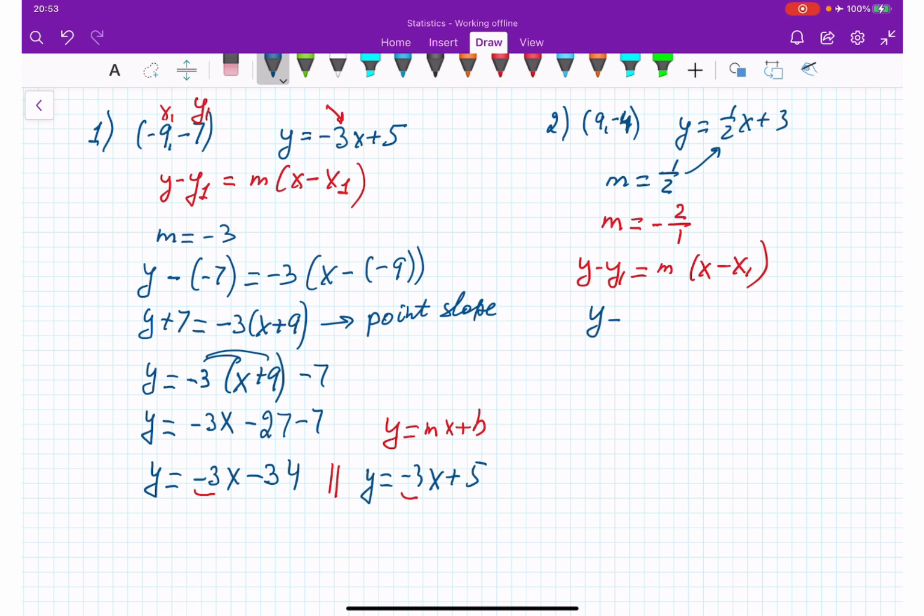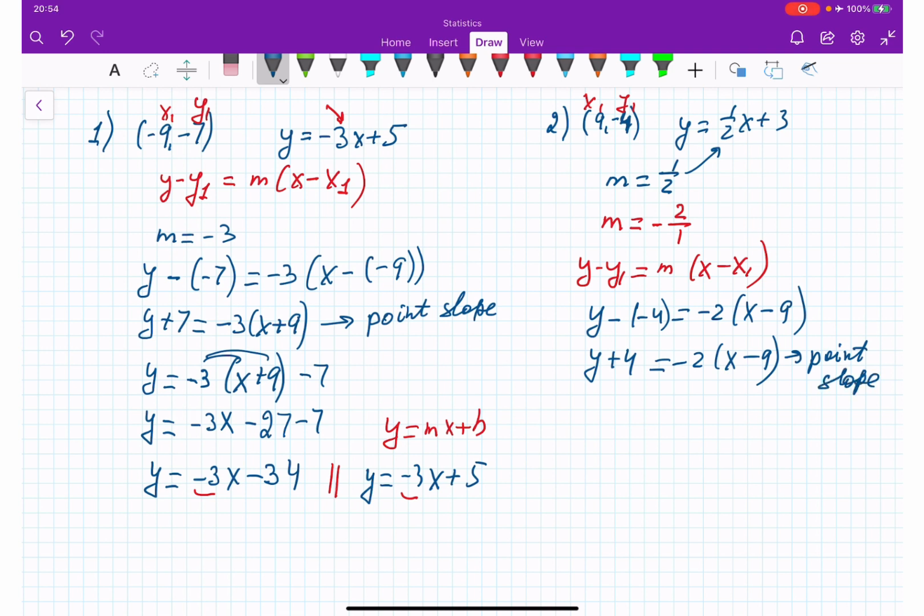So y minus y1 is negative 4. Here it is, y1, x1. y minus y1 is negative 4, equal m is negative 2, times x minus x1, which is 9. So from here, y plus 4 is equal to negative 2 times (x minus 9), which is point slope format.